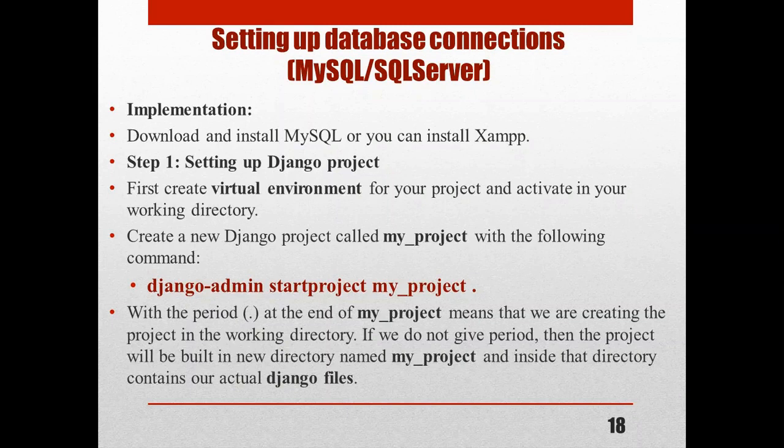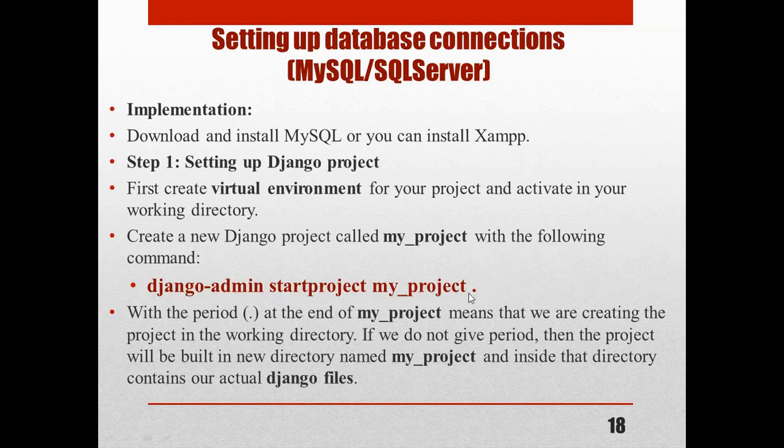Then we create a new Django project. Consider the name my project. You can write the command at the command line: django-admin startproject myproject followed by a period, a dot.